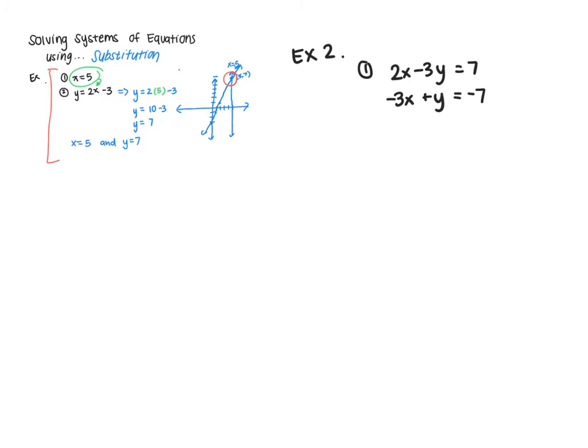So here, unlike the first example where we're given x equals 5, we're going to have to manipulate these two equations, or one of these equations, and then substitute it into the other.